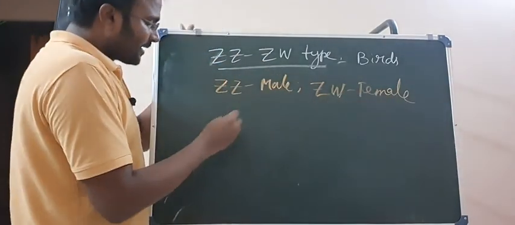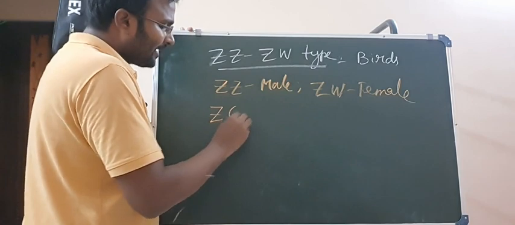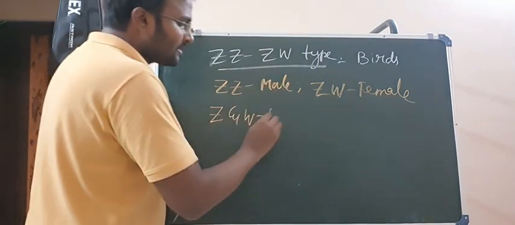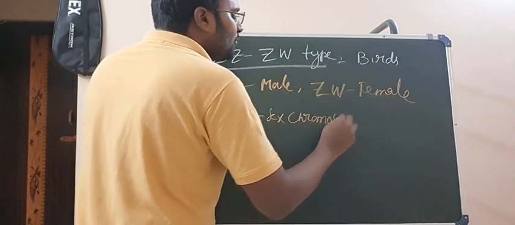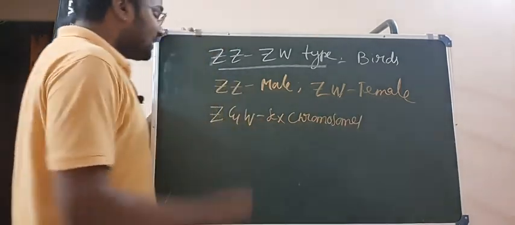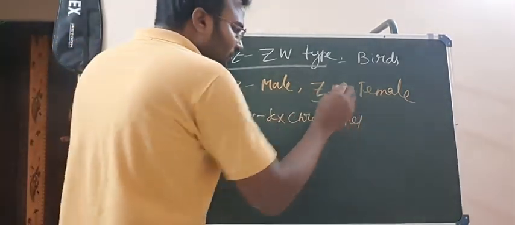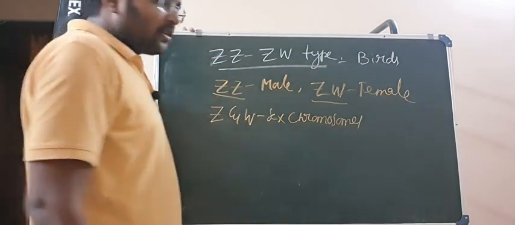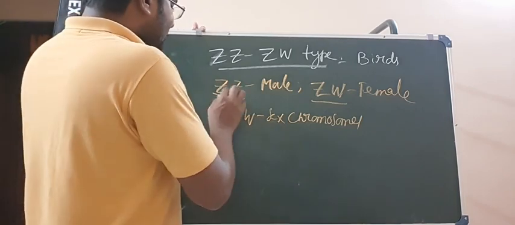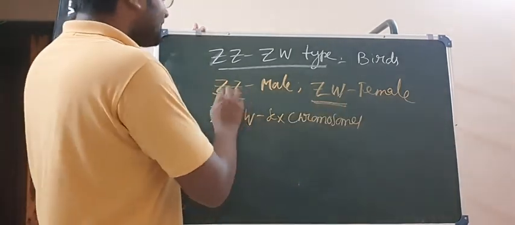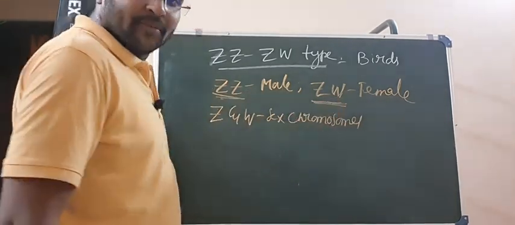Here Z and W are the sex deciding chromosomes. In cocks and hens usually you can find it. So ZZ is male, ZW is female.